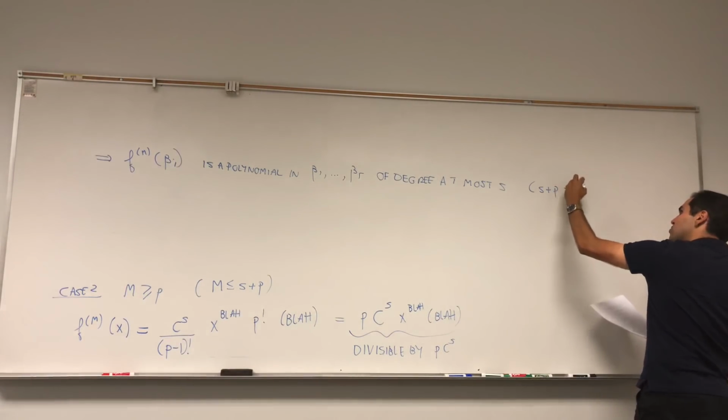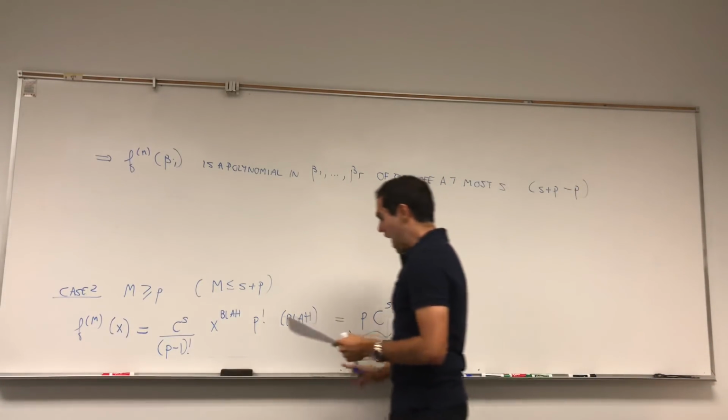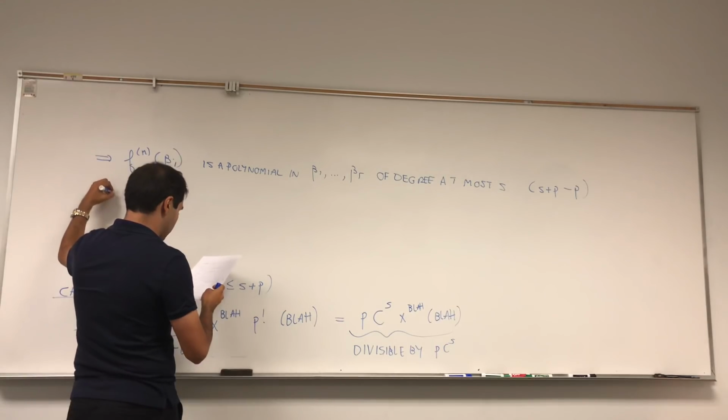So this makes the degree go down by p. And each coefficient is divisible by p c to the s.